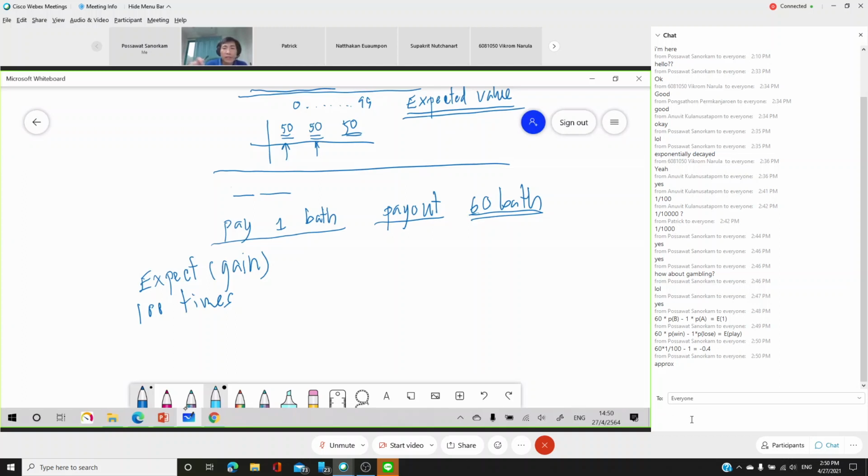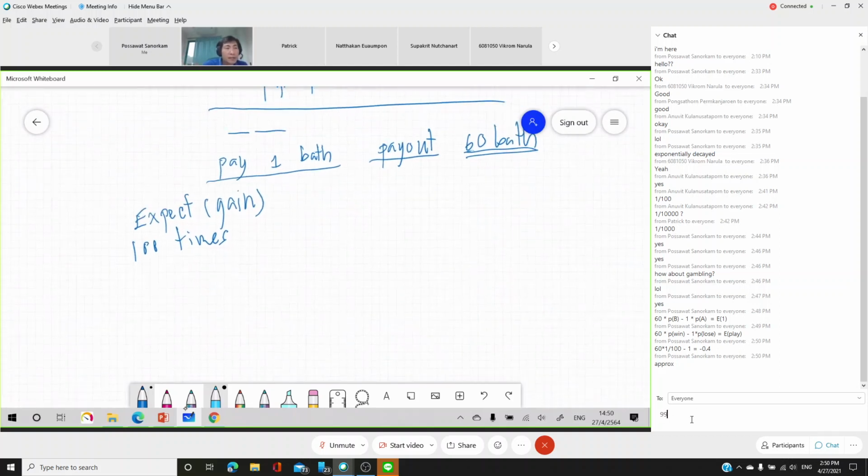What is the probability of losing then? Actually, you are approximately correct, but let me give you the exact number, because your equation is not exact.